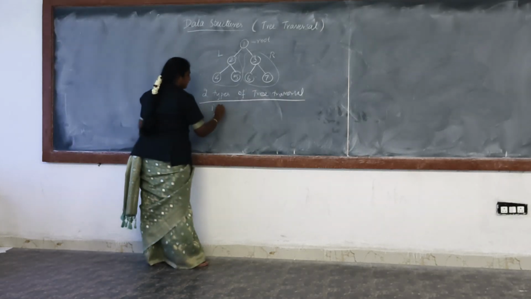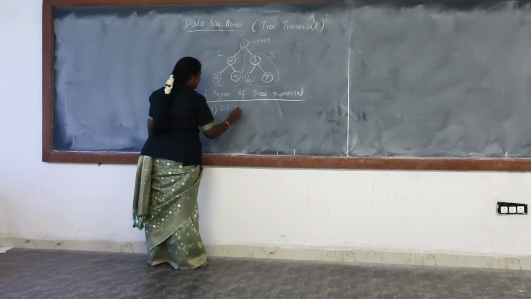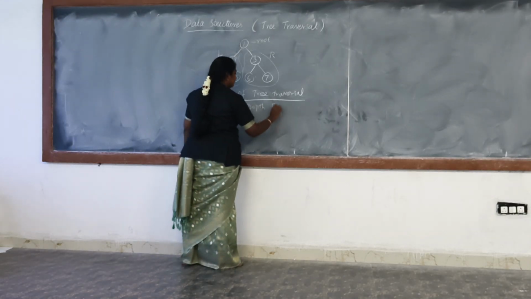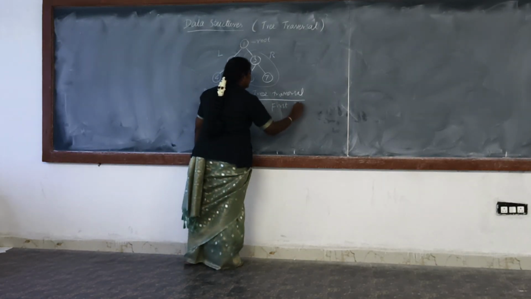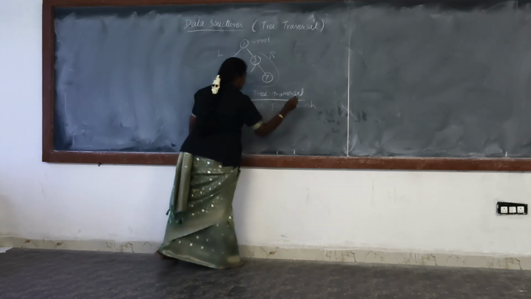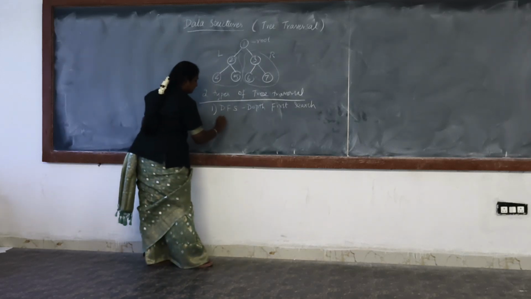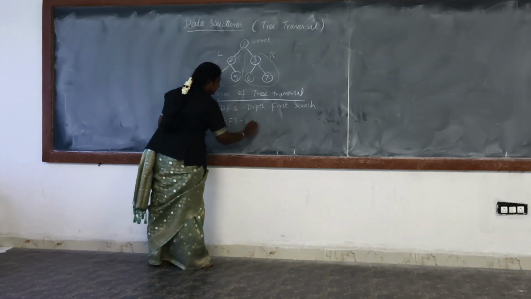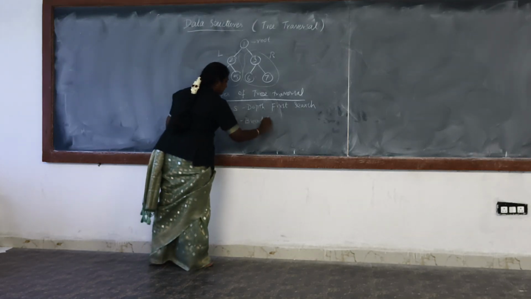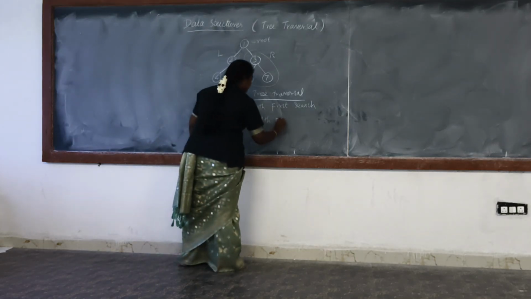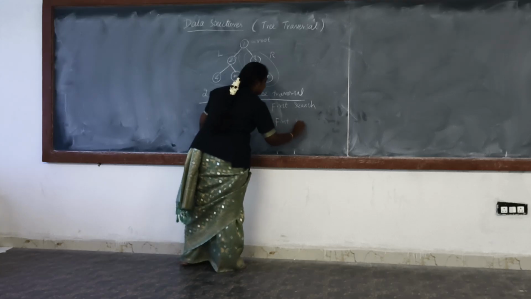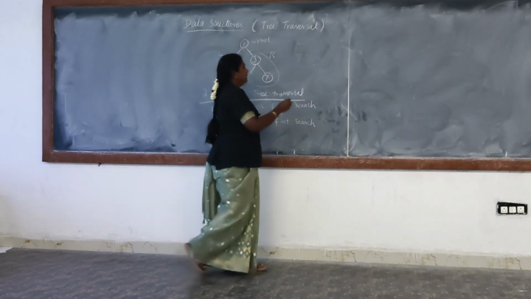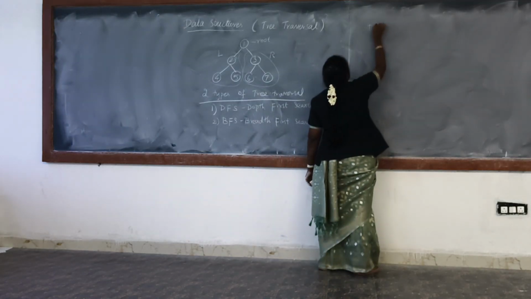One is DFS, which is called depth first search, and the other one is BFS, which is called breadth first search. Okay, so let me tell you what is DFS and BFS.